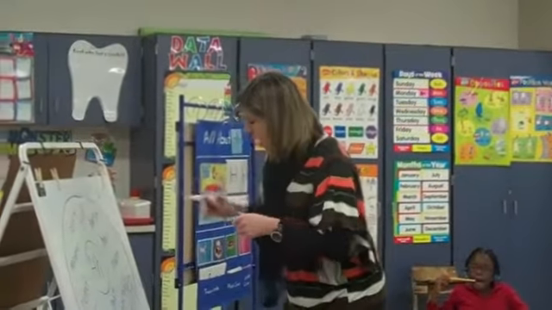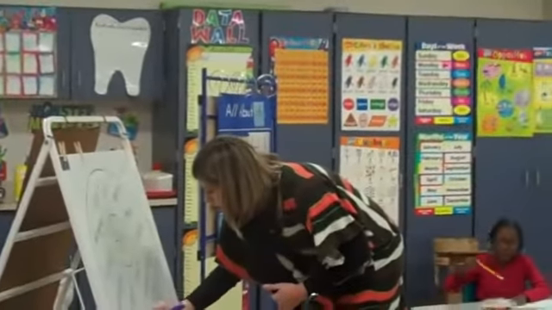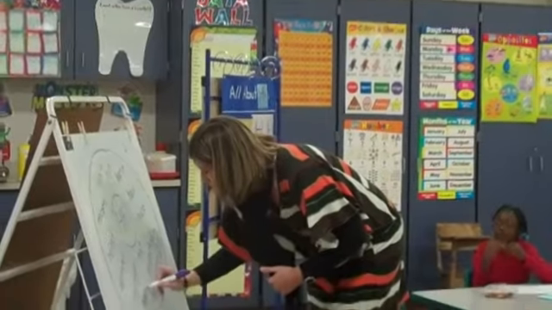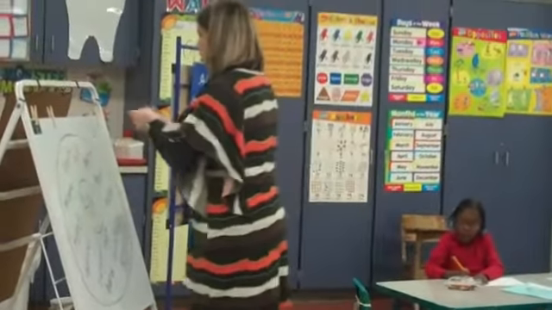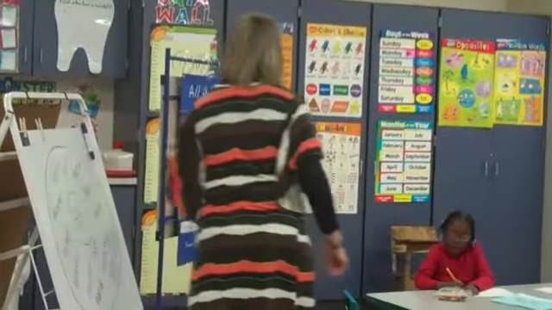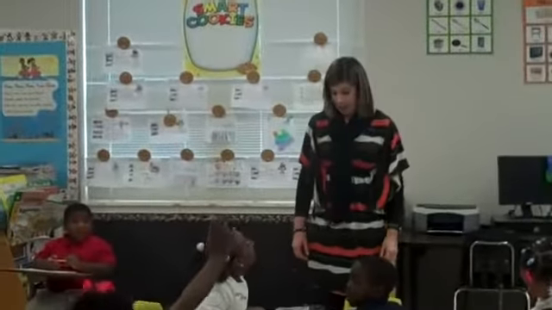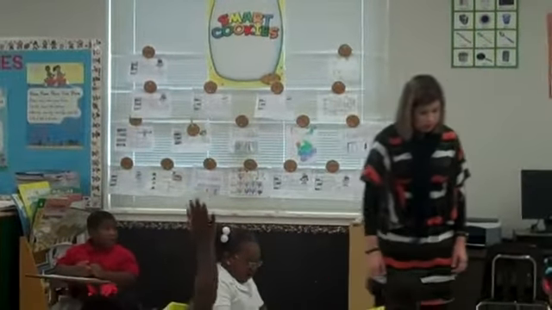Hot sauce. You could draw hot sauce. Just try your very best to draw a hand if you don't know how. If your hand's too big to put in there. What? Heater. That is a good one. You can draw a heater.